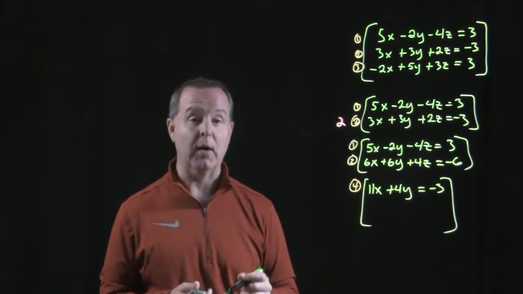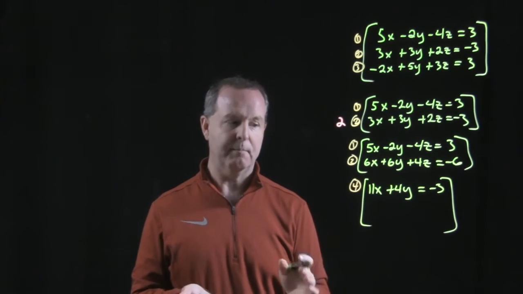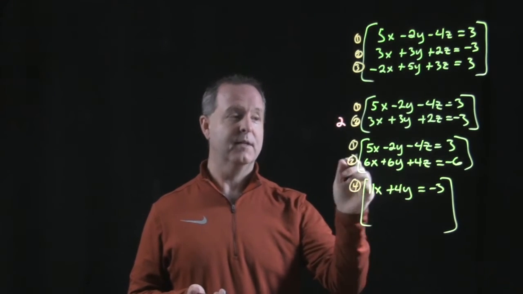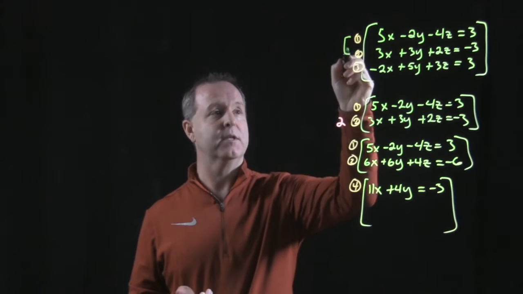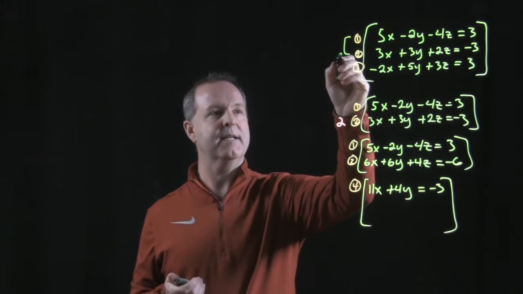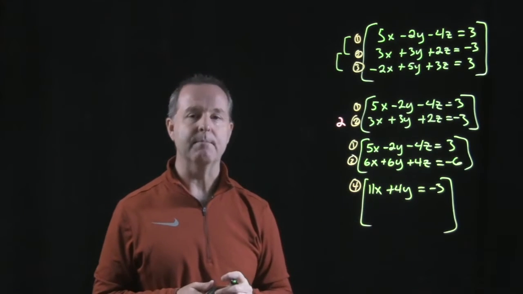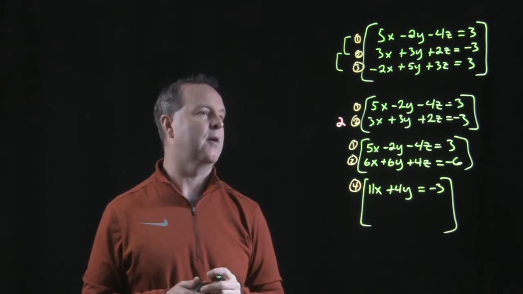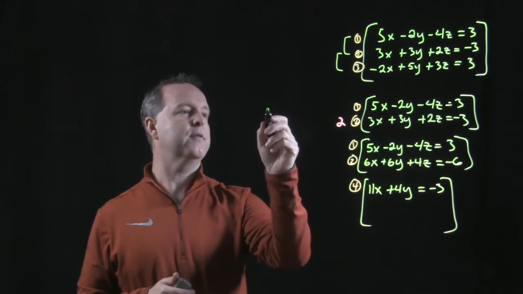All right. So I need to find another equation, preferably without a z, that I can put in this as well. The first time I looked at those first two, so let's just look at the second two, and let's see if we can modify those such that the z drops out. So let's take equations 2 and 3.